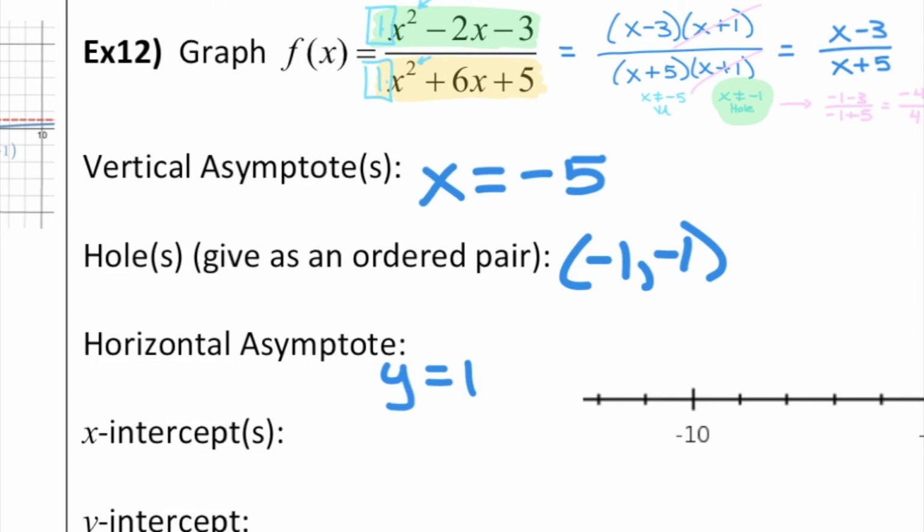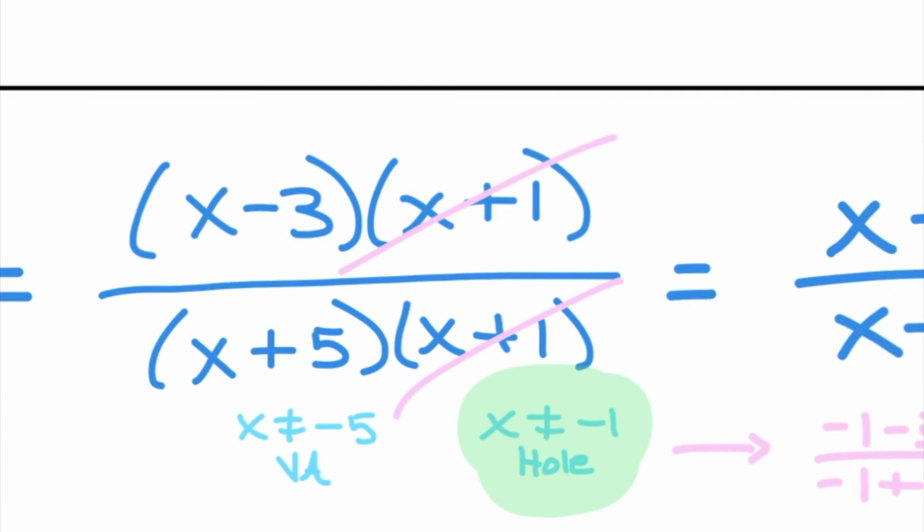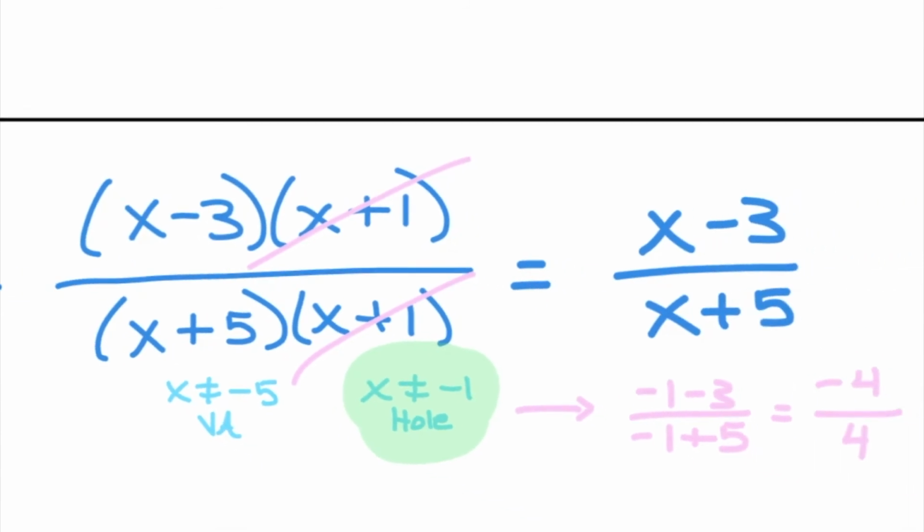Now, for your x-intercepts, remember that you set the numerator equal to 0, or you look at what makes the numerator equal to 0. But here's the interesting thing that you need to make note of. It's the numerator after you've canceled. So here, x equals 3 is an x-intercept.